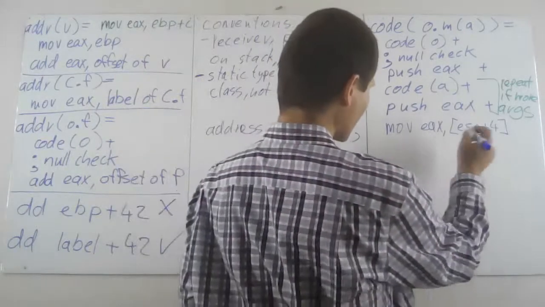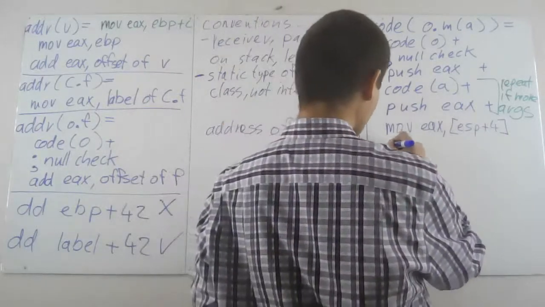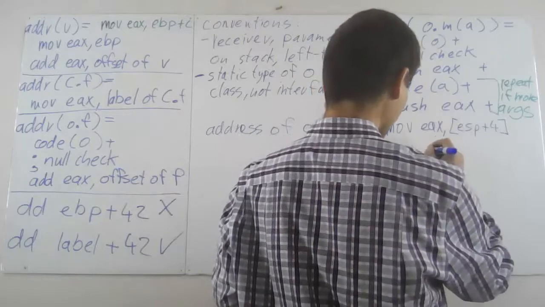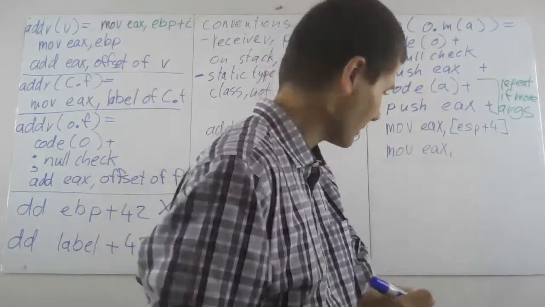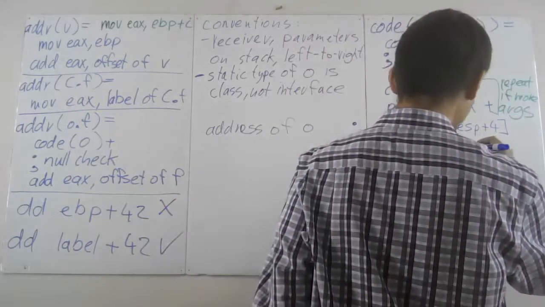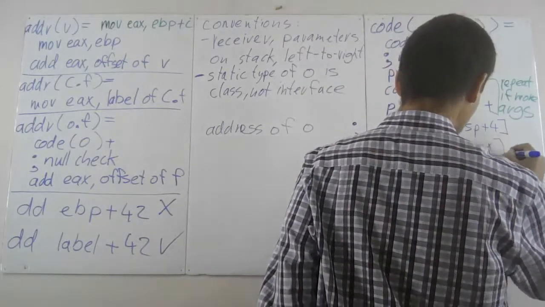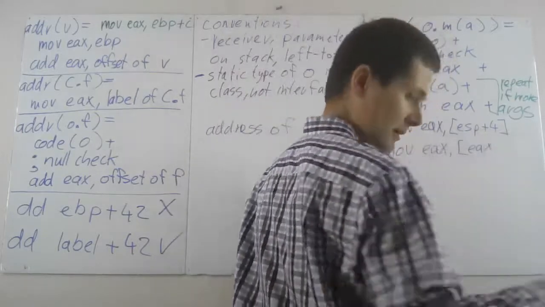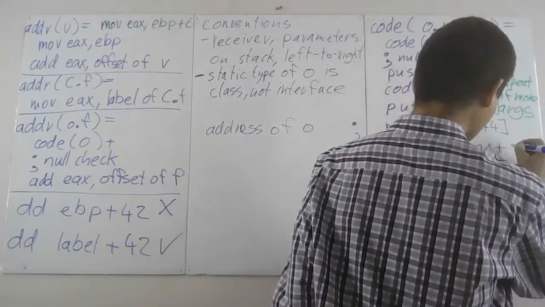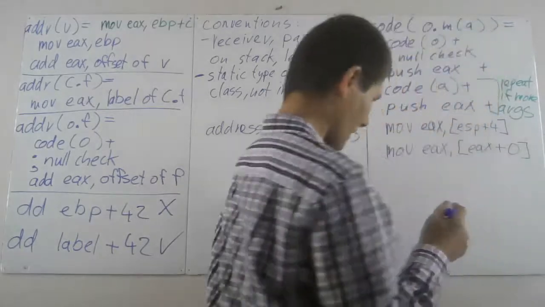So I'm going to go from the object to find the class. With the convention that I had earlier, I have a pointer to the class at the very beginning of the object, in the first word of the object.